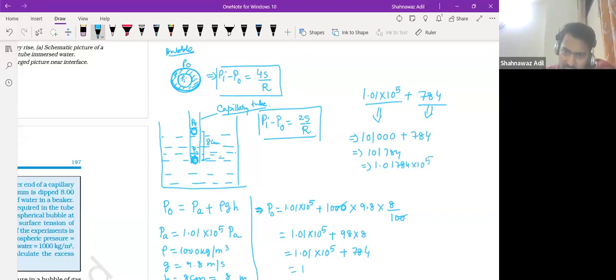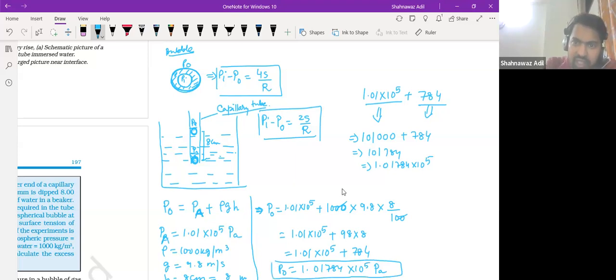Let me write this in atmosphere notation, because both these notations are similar.